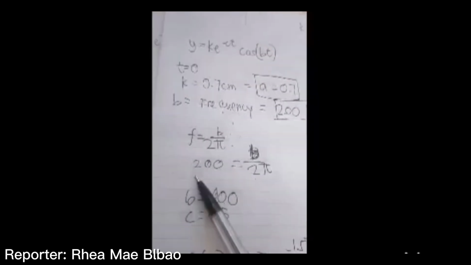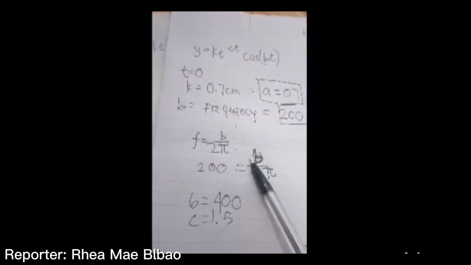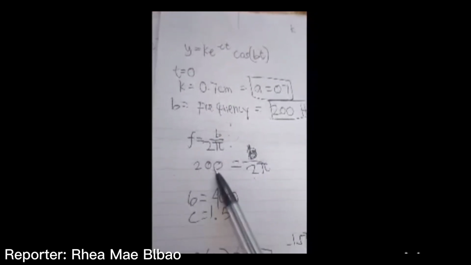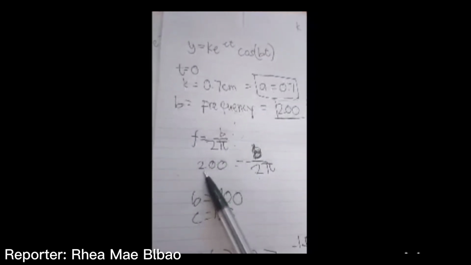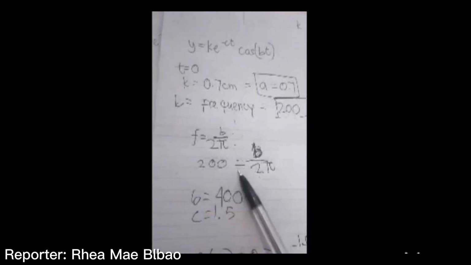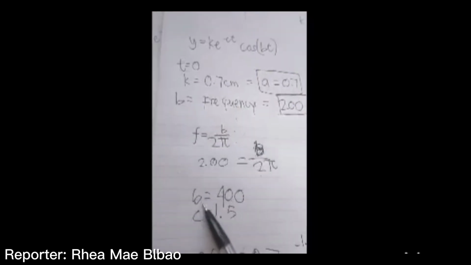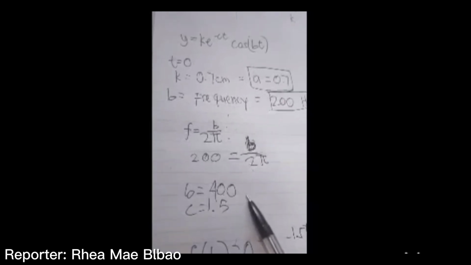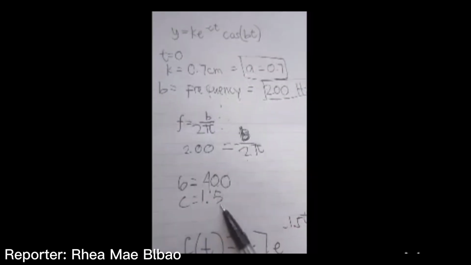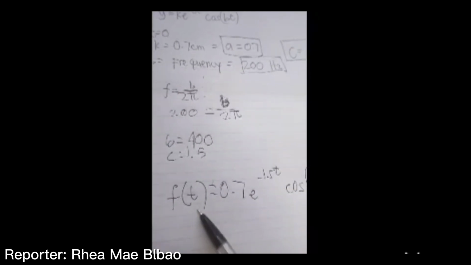So 200 times 2 pi, and 200 times 2 is 400. So, b equals 400 pi. And the constant c is given as 1.5.